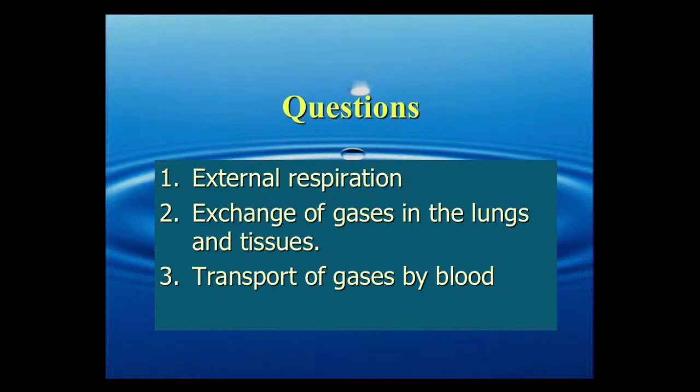And the third event is transport of oxygen and carbon dioxide in blood and body fluids to and from the cells. And the fourth event is regulation of ventilation and the other facets of respiration.